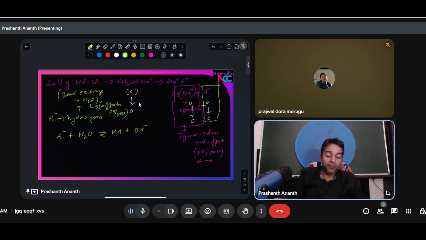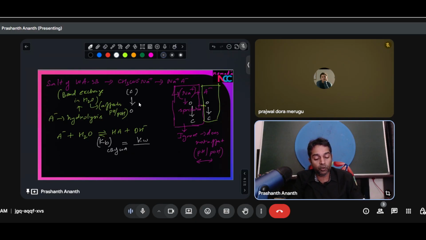Okay, so in this particular case, we are going to have this expression. The hydrolysis constant is nothing but the A minus behaving as a base, so Kb of conjugate base of weak acid. Of course, all standard equations are applicable. Kb of conjugate base is Kw by Ka for my weak acid.